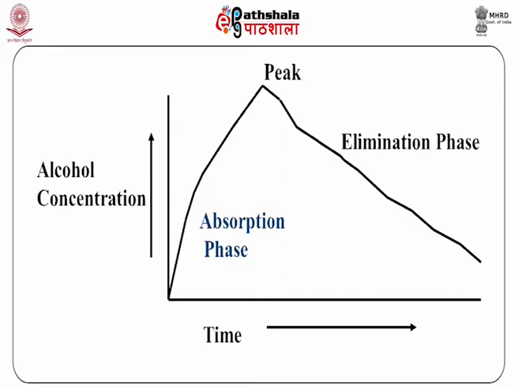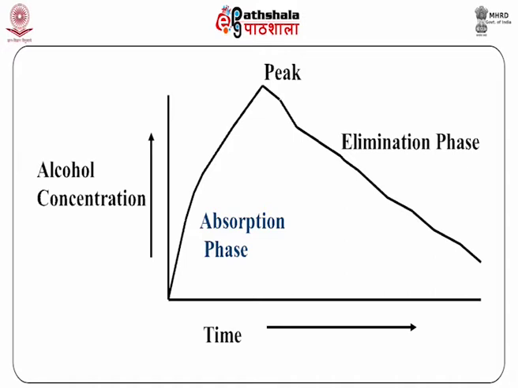During this initial phase of absorption, the alcohol is not distributed uniformly throughout the body. Once distributed uniformly, a state of equilibrium is achieved, which generally is followed by the post-absorptive phase.